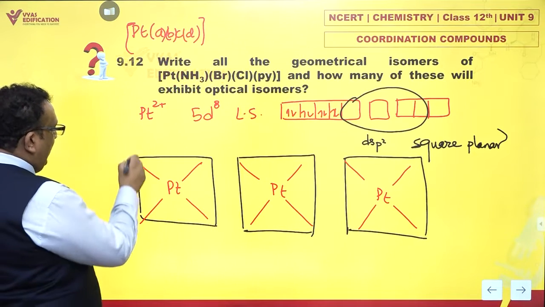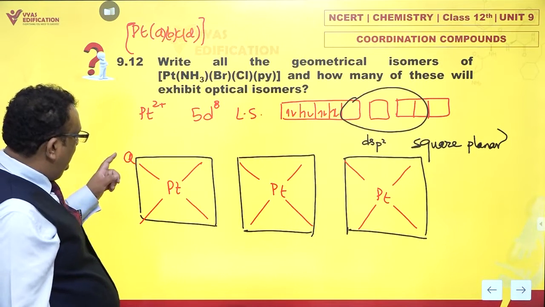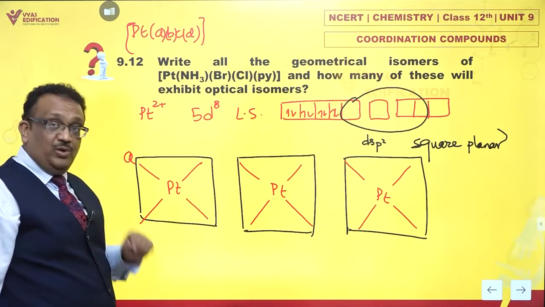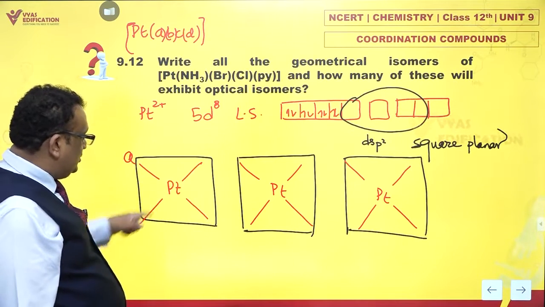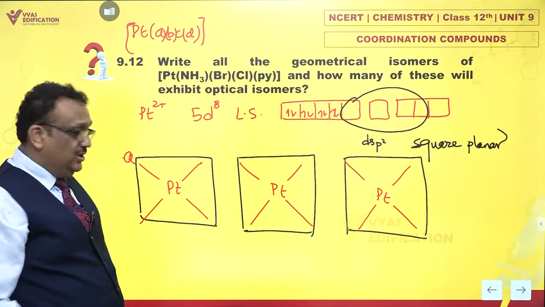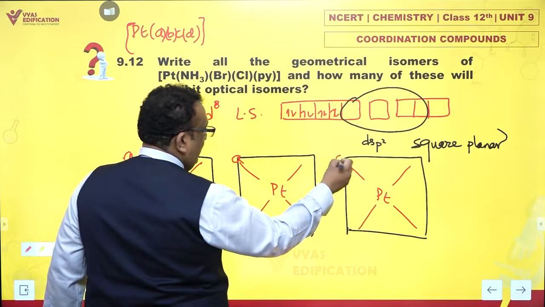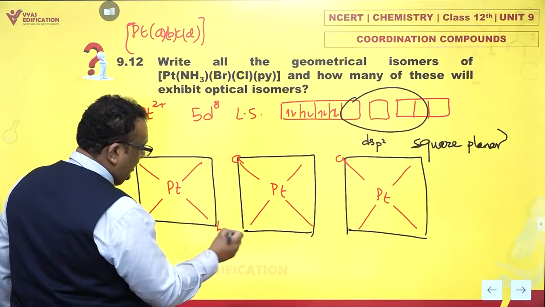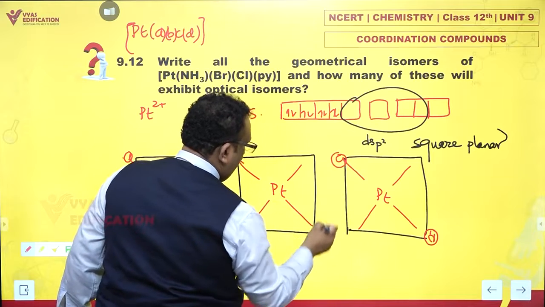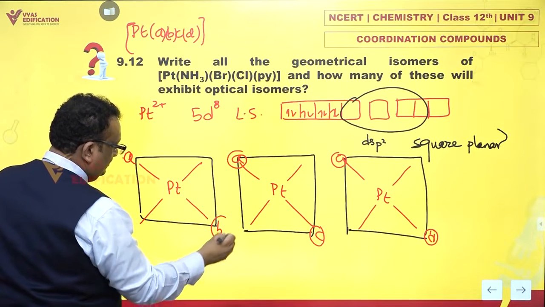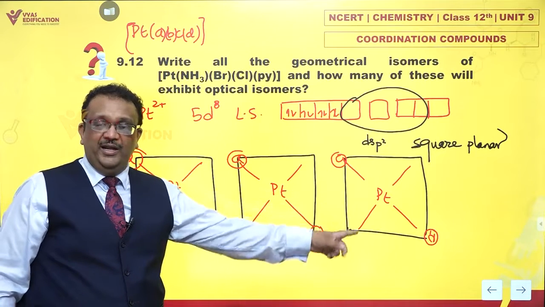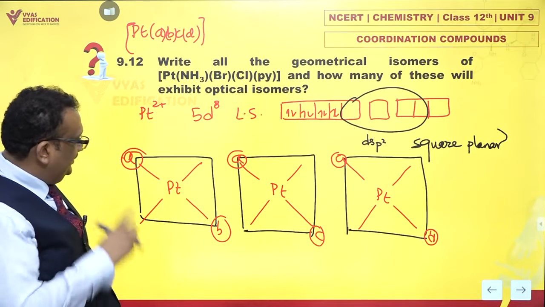Now, if I write down A, do you see that these locations are cis, but the opposite location is trans? There are 2 cis locations with respect to A, but only 1 trans location. So A, on trans location I write down B or C or D: A-B, A-C or A-D.